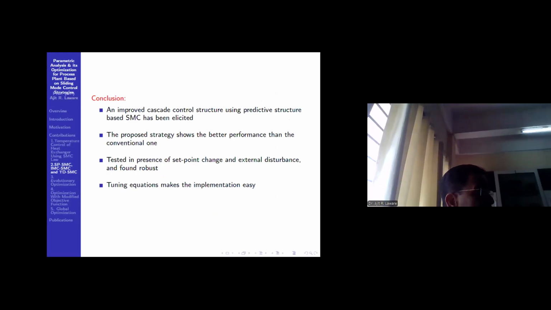As for the results obtained in simulation, under set point change and external disturbances, the predictive structure based SMC, meaning your time delay controller, your ESP controller, and IMC controller, gives more robust performance. And obviously, the Nelder-Mead optimization algorithm gives you the tuning equation, which makes implementation easy.